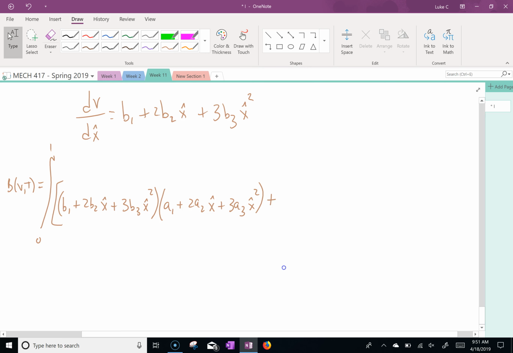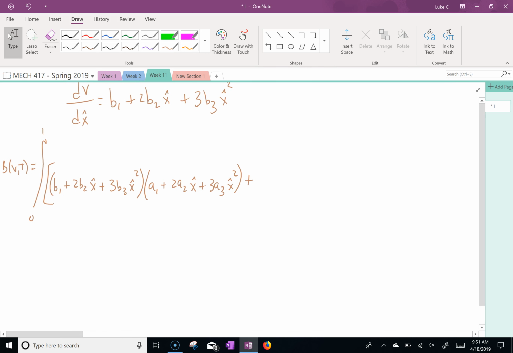Plus, what we got next? The Nusselt number times what? V or T. Did we do T or T star or did we do V? Okay, so I'll do A1 x hat plus A2 x hat squared plus A3 x hat cubed.